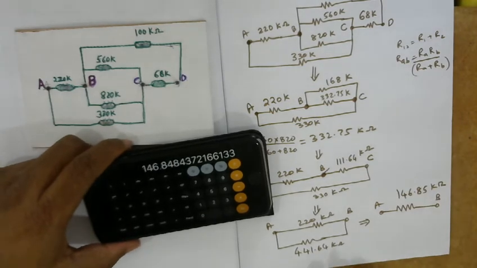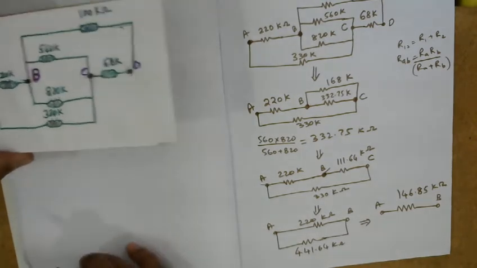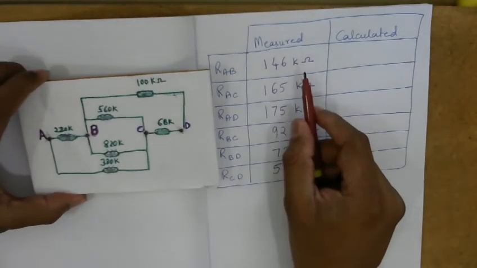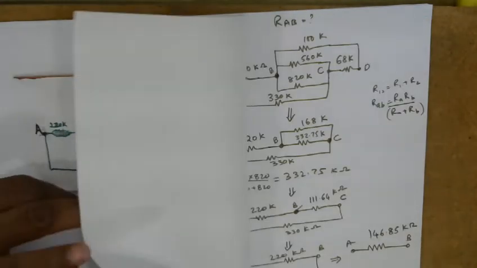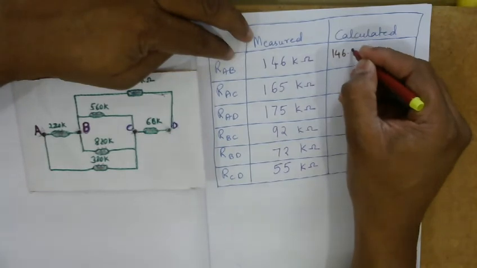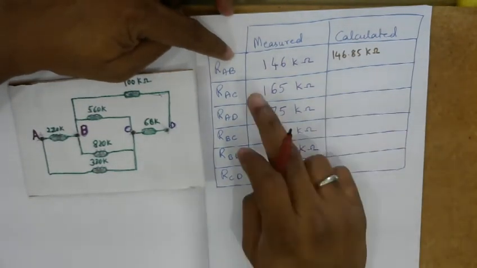Okay, so this is a value, and if I go back, what was our measured value? The measured value was 146 kilo ohms. So now I am getting 146.85. Let me write it here, 146.85 kilo ohms.